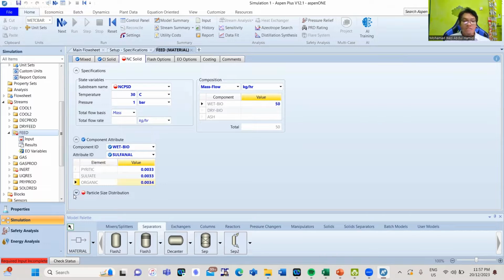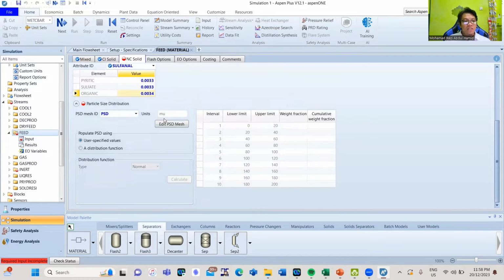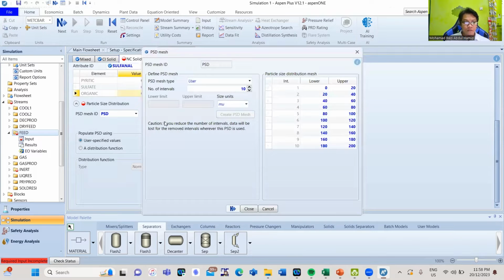The last one that you need to specify is the particle size distribution. Just double click here. Now your particle size distribution should be in millimeters. These are microns, if I'm not mistaken. So edit. For the number of intervals, if you see the particle size distribution, I only have 4, I think. Let me check. You have 5 intervals. So I change the interval from 10 into 5.